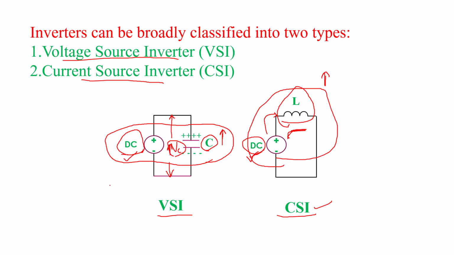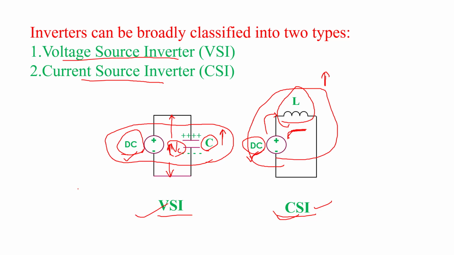Next difference is the power handling capacity of a voltage source inverter is low as compared to a current source inverter. Because in case of voltage source inverter, here we use high switching speed devices just like IGBT, MOSFET or power semiconductor devices.